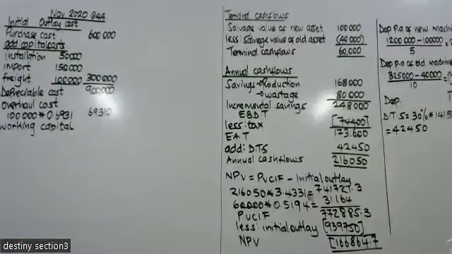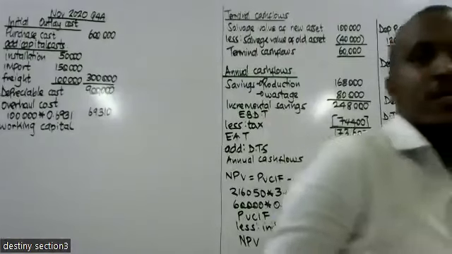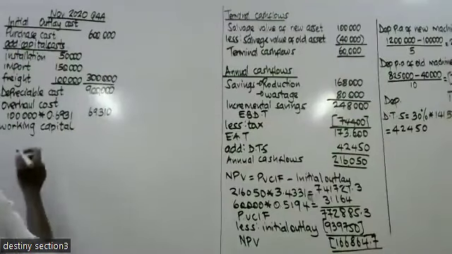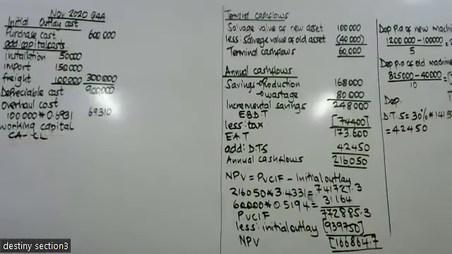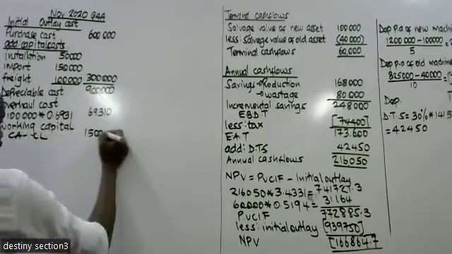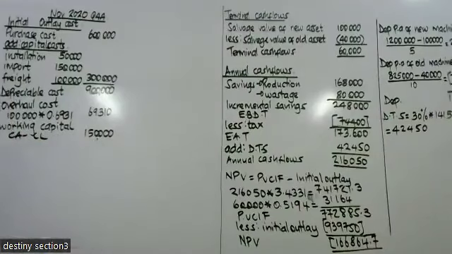Umesema ni ngapi? 150. Current asset minus current liabilities, so 150 is enough. So chapter hesabu hapo inakuja 150,000. You have added your receivable plus your stock minus your payable. Hapo tuko sawa?